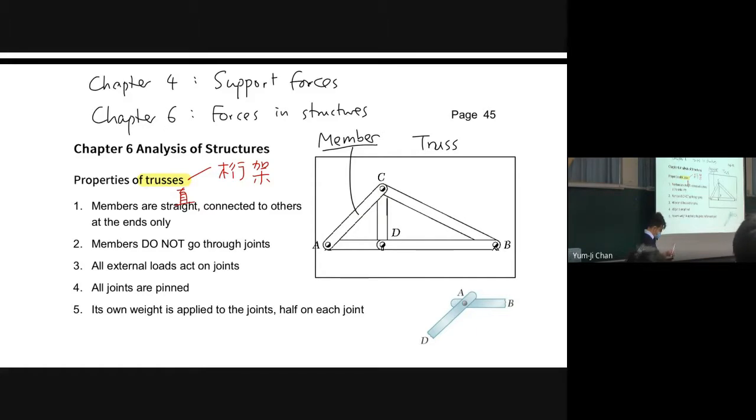For example, for this member, the ends are points A and C. So this member is connected to other bodies at points A and C only.